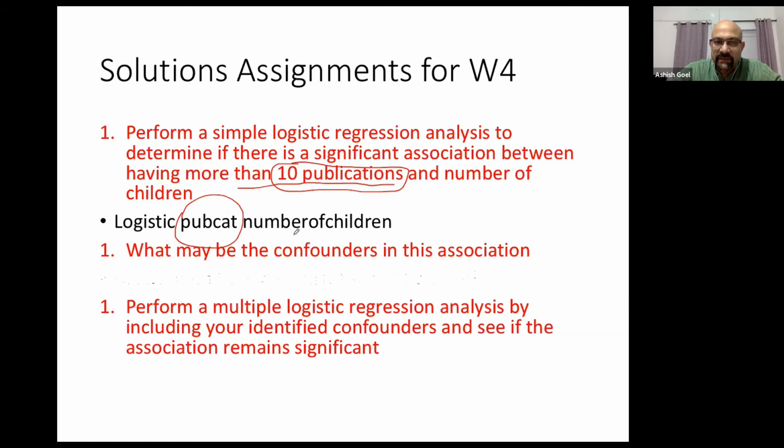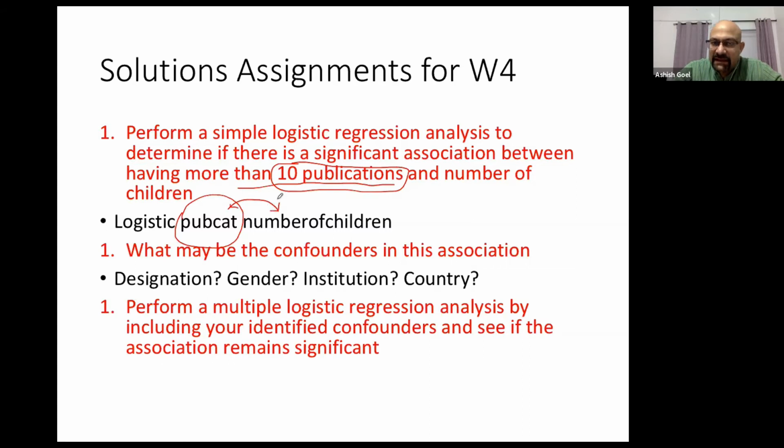it will give you the answer to this. The second question was, what may be the confounders in this association? There are no hard and fast, clear answers to this. It was more for discussion, to make you think about what other variables present in the data set could affect both the publications and the number of children an individual may have had.